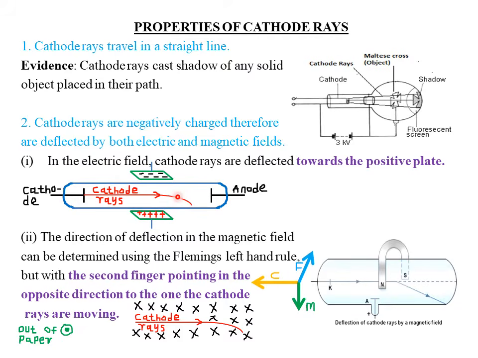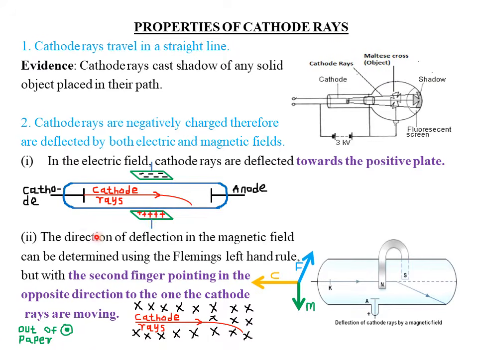Because cathode rays are simply electrons, they are attracted towards the positive plate. You can see the deflection of the cathode ray is towards this positively charged plate. Then of course it is being repelled from the negatively charged plate, hence the deflection is downwards towards the positively charged plate.